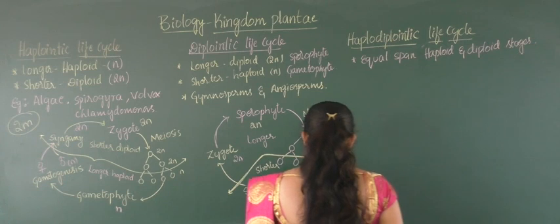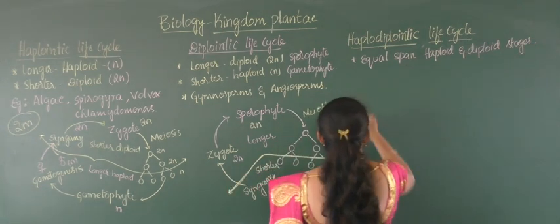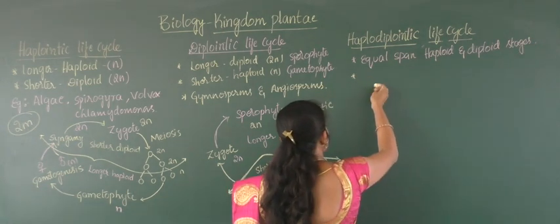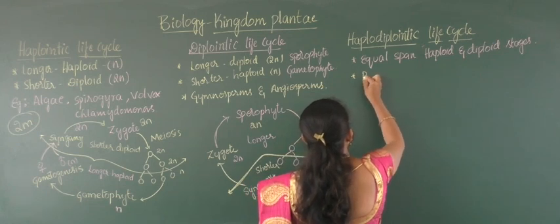Half of its lifespan is haploid and half is diploid, and the examples of this are pteridophytes.